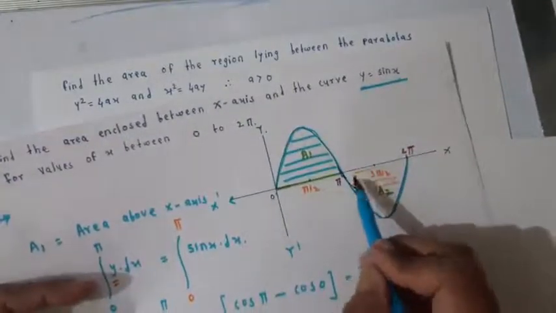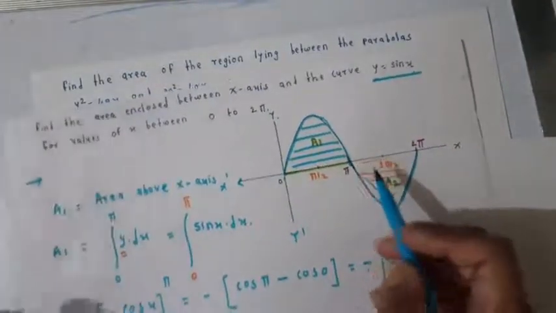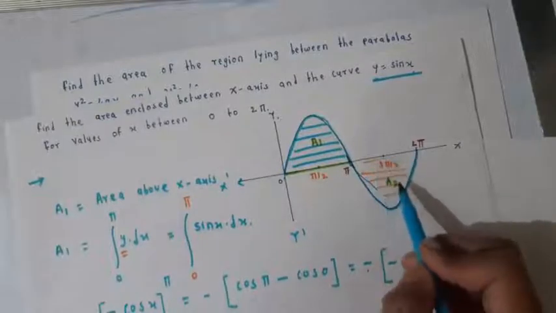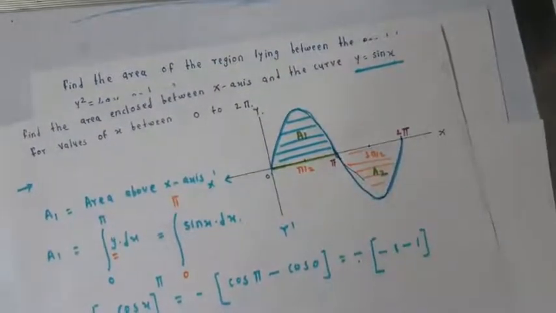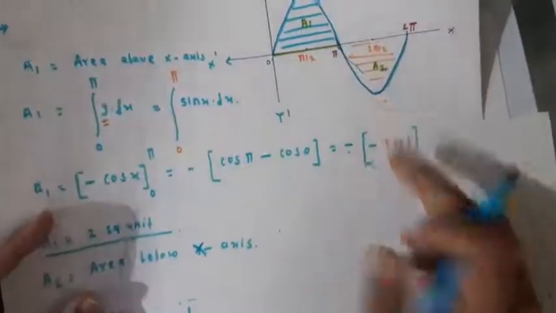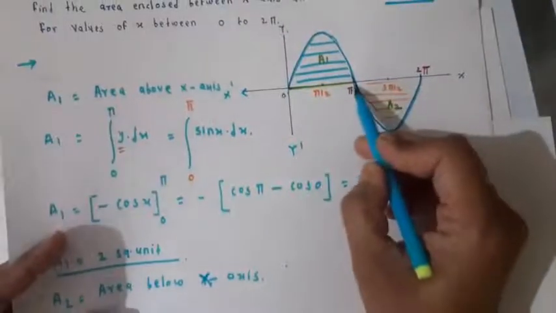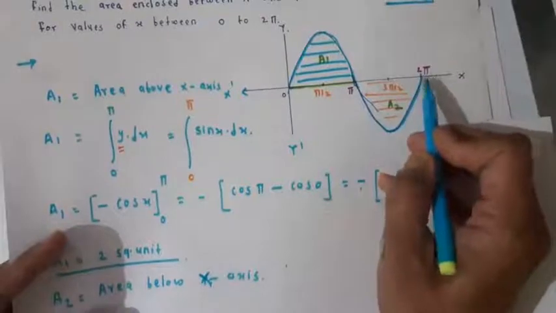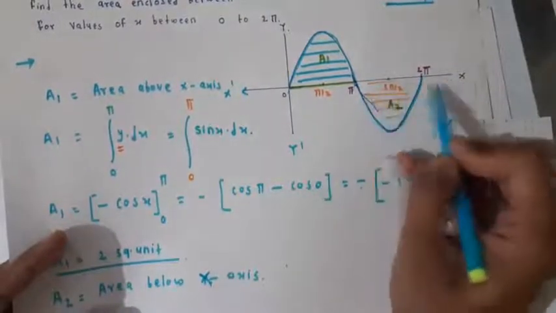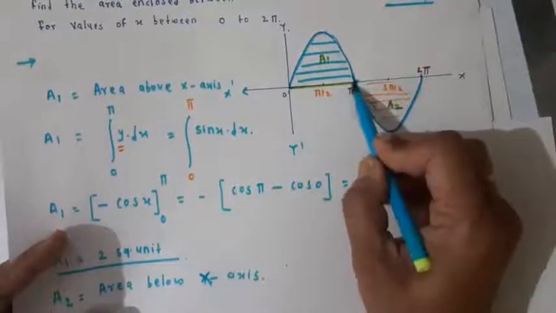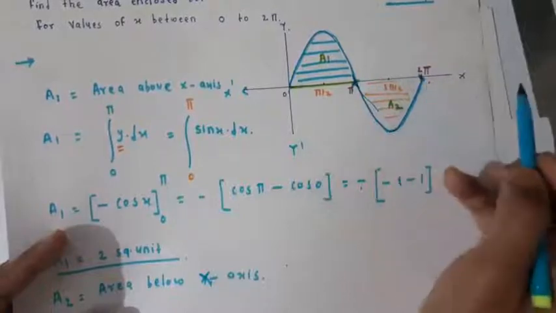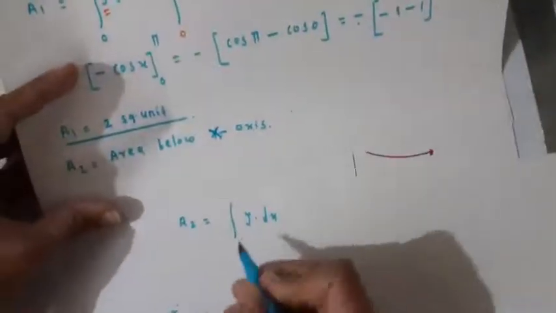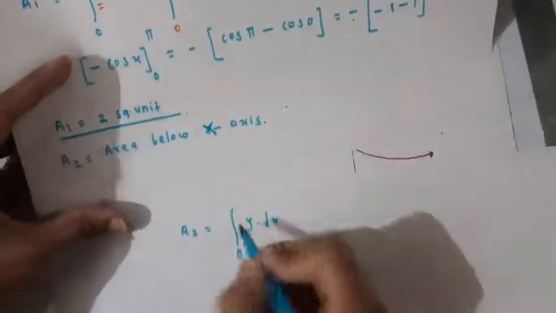For the area below the x-axis, the limits of integration are from pi to 2 pi, because here x varies from x equals pi to x equals 2 pi. So here the limits of integration are pi to 2 pi.